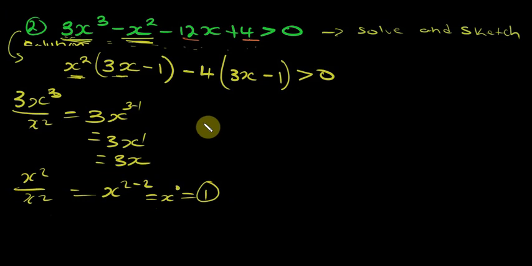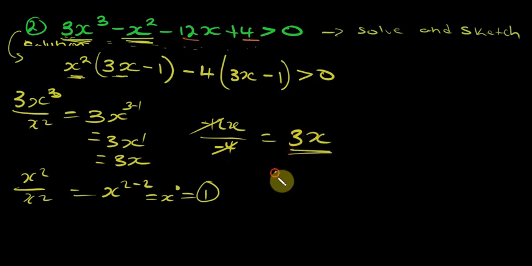Then I did the same for minus 12x divided by minus 4. So minus and minus cancel out. 4 goes into 12 3 times, so you have 3x, the x remains. Then 4 divided by 4 gives you 1.